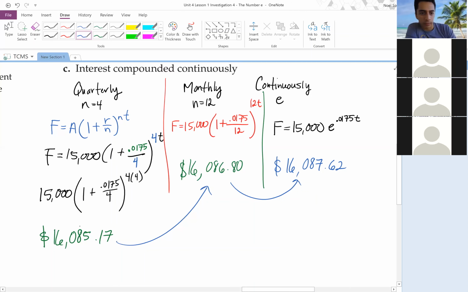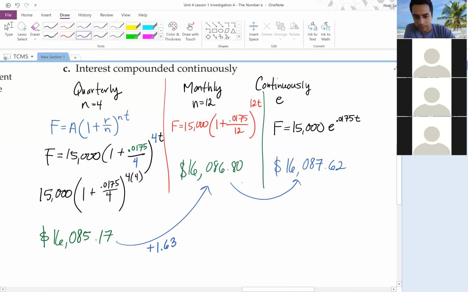Okay, from quarterly to monthly, it was about $1.63 more that you earn if you do so monthly versus quarterly. And then if you were to make the jump from monthly to continuously, there is a gain of not quite $1.